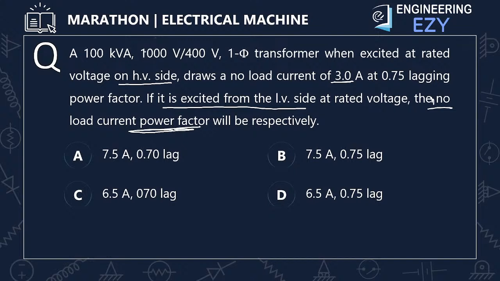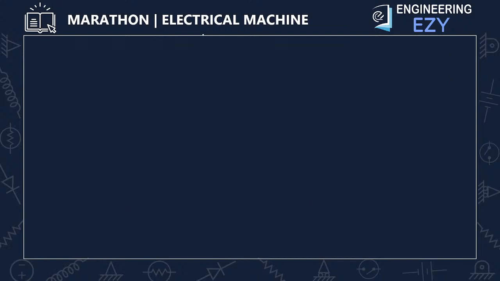And high voltage side is 1000 volt, low voltage side is 400 volt. So everyone knows if it is excited by low voltage side, current increases 2.5 times, because 1000 upon 400 is 2.5. So I am calculating.